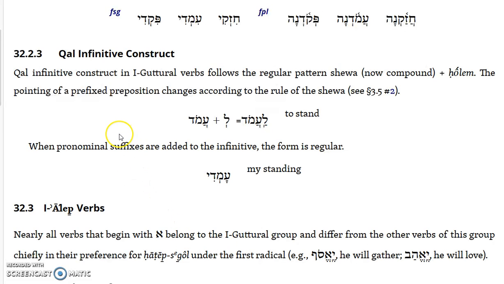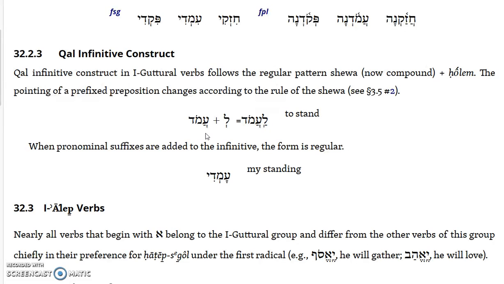With the Qal infinitive construct of first guttural verbs, the pattern of the infinitive construct, if you go back to the paradigm of paqad, is to have a shavah under the first consonant and a holem between the second and third consonant. Well, if you try to do that to the ayin there, it doesn't like it, and ends up with the hataf patah.